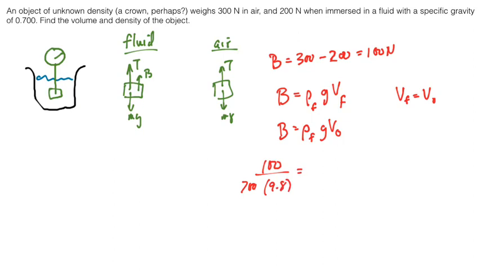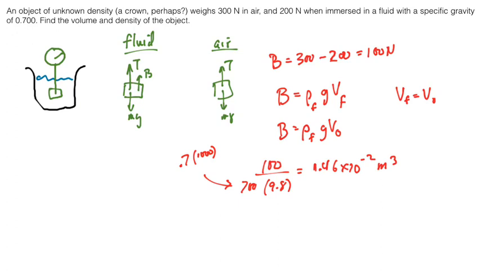Where did I get the 700 from? It's the specific gravity, 0.7, times the density of water. What's the density of water in physics? 1,000 kilograms per cubic meter. So that's where I got that. And when I do that calculation, I find that the volume of the object is 1.46 times 10 to the minus 2 cubic meters.